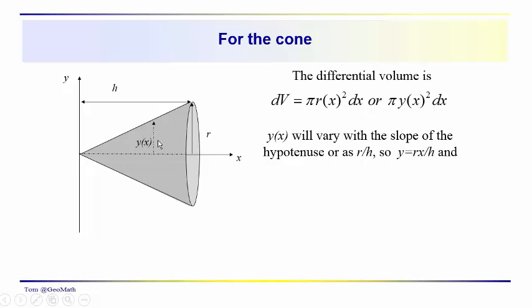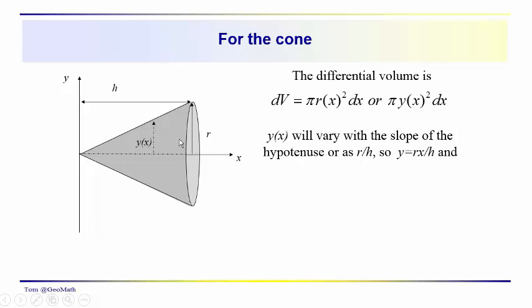So r is going to be some value of y, which is going to be variable along the axis of the cone. And in this case, y of x is going to vary with the slope of the hypotenuse, or as r is to h.